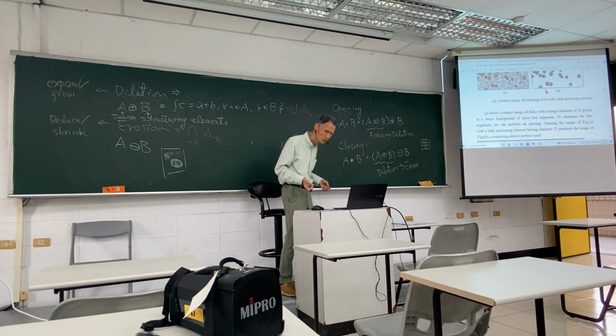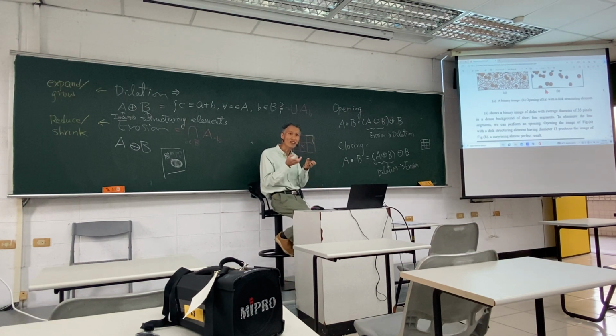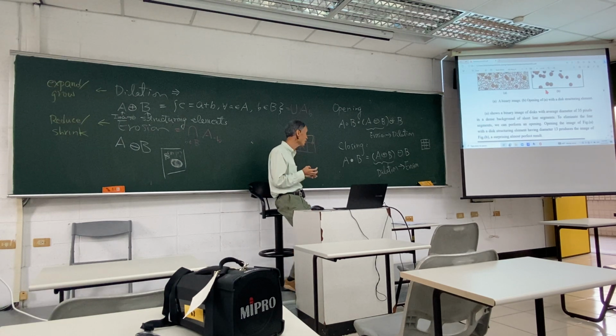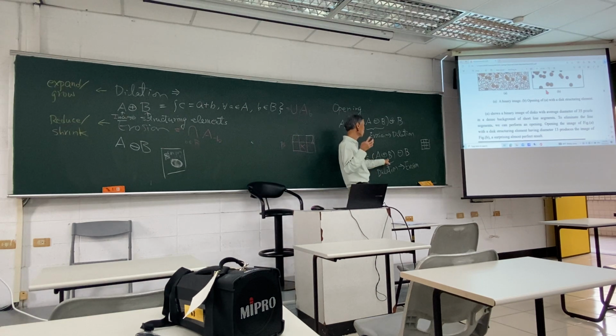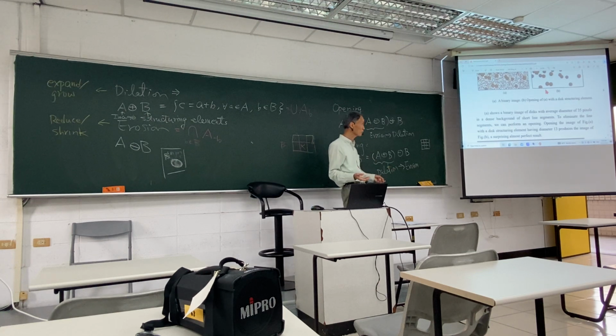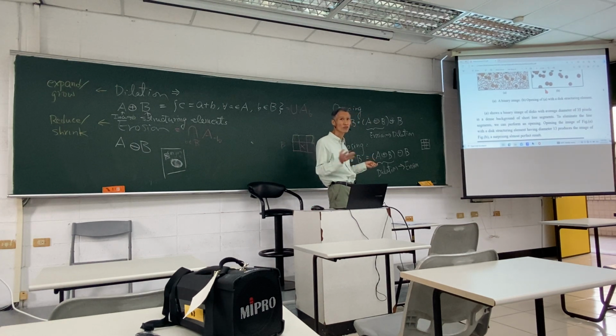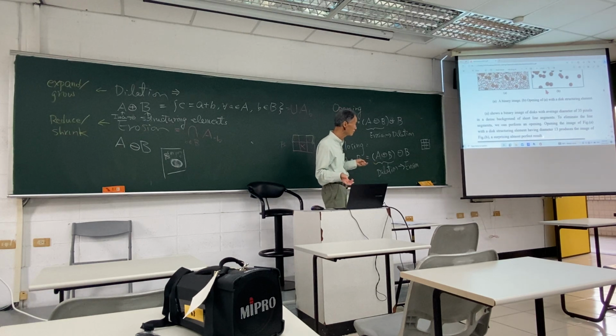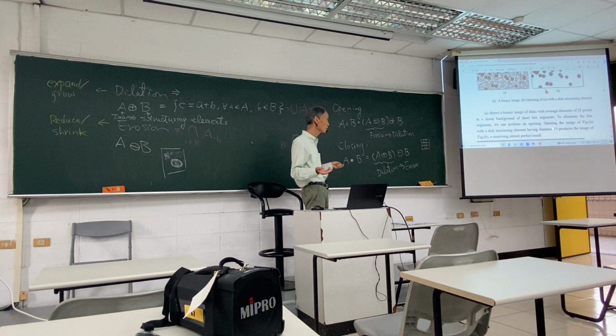So what I'm trying to say is, no matter what, you need some prior knowledge: what are you going to remove, or what are you going to fill, so that you can design a good or appropriate structural element, the size and the shape. For this case, you got to know the object diameter is 35 or around 35. But anyway, a diameter of 13 or 12 should be fine. In that case, all the random lines will be removed.